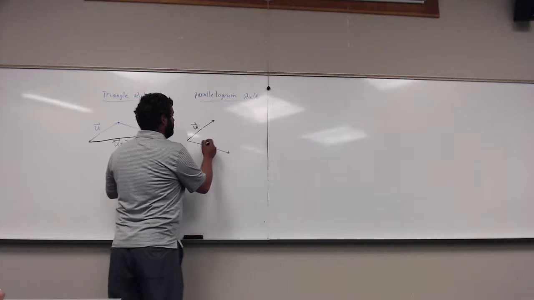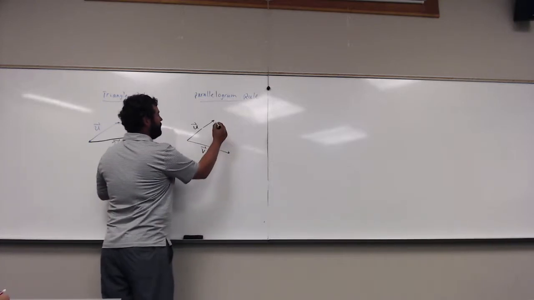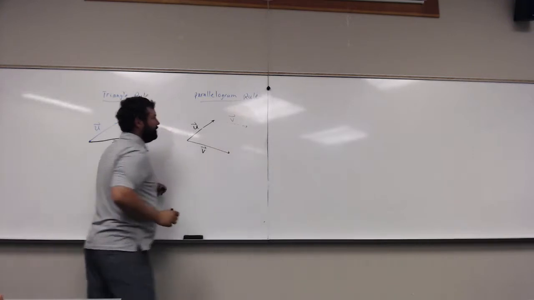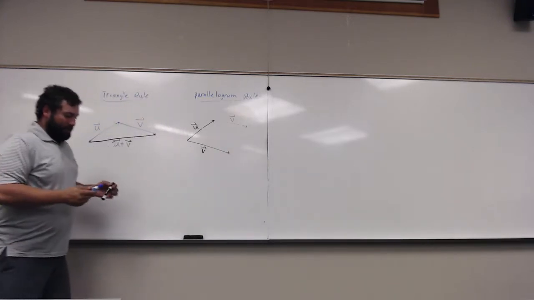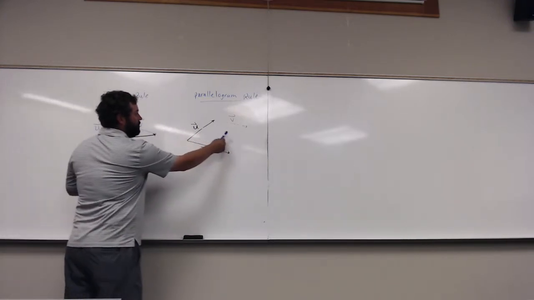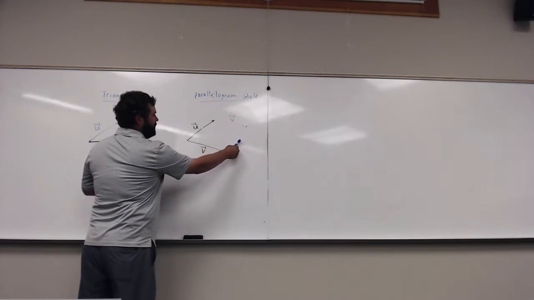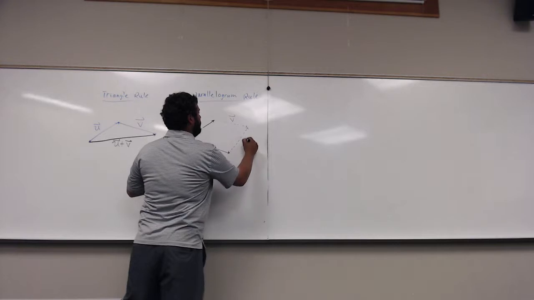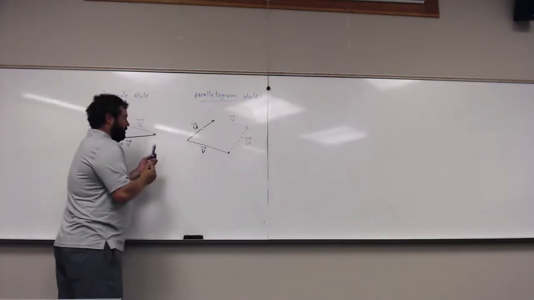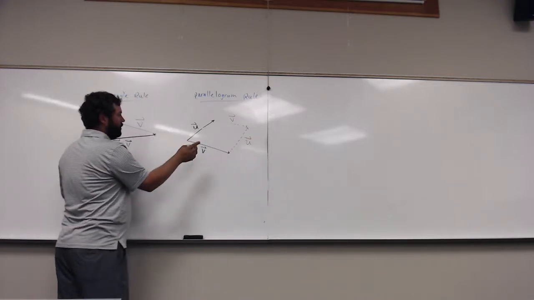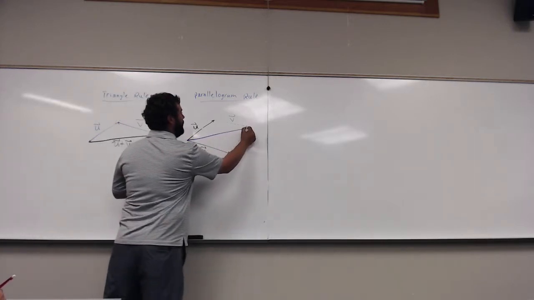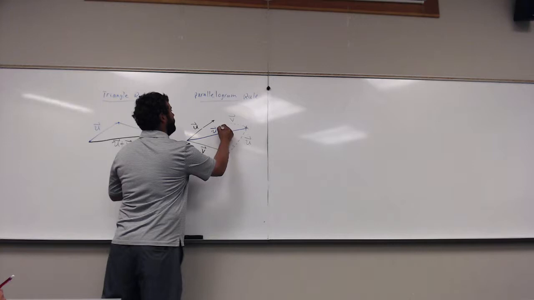Then you translate v, so you get a copy of v up here, and you can also translate u so that the tail of u is at the head of v. So here would be another copy of the vector u. Then starting from where the tails are joined, you draw their sum to where the heads are joined. This would be u plus v.